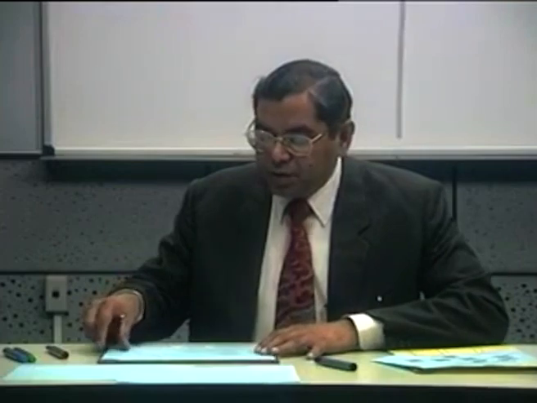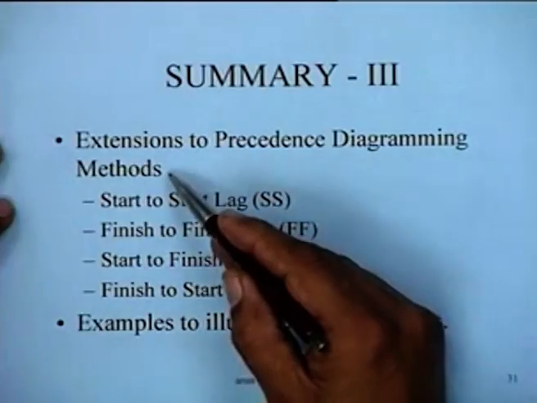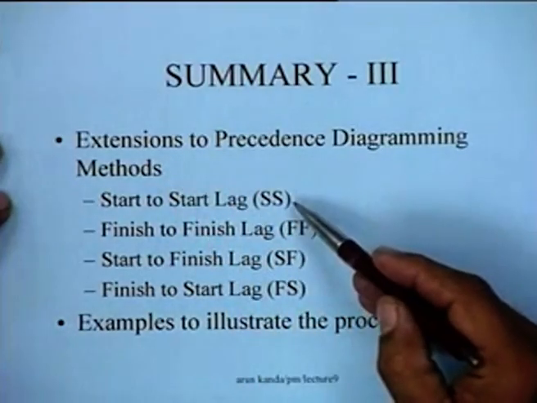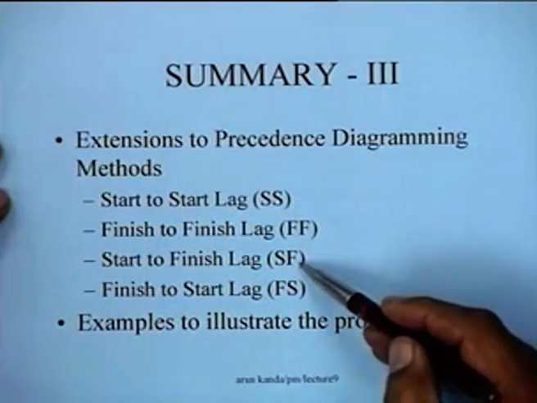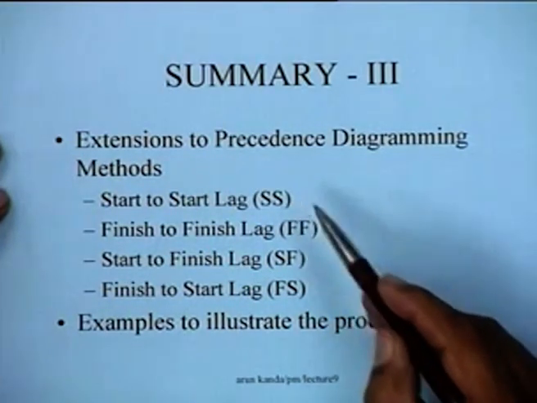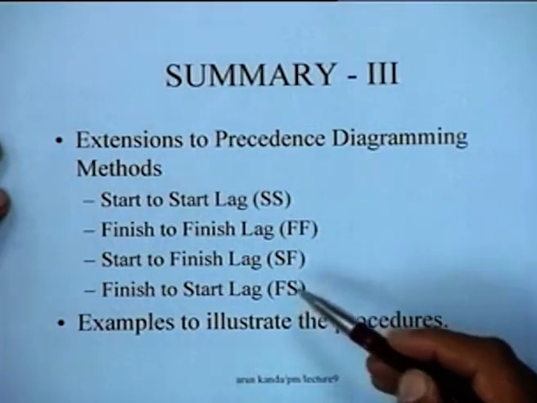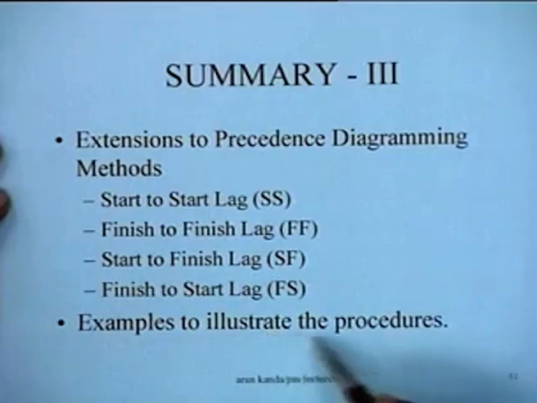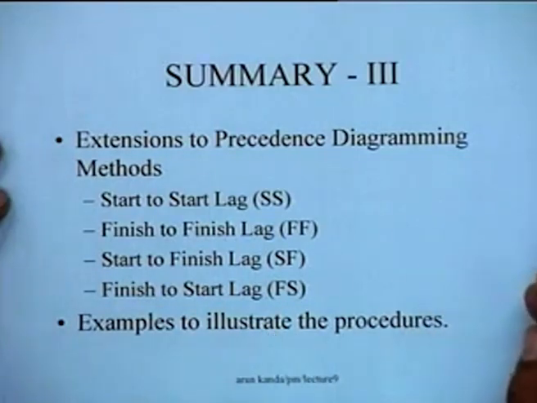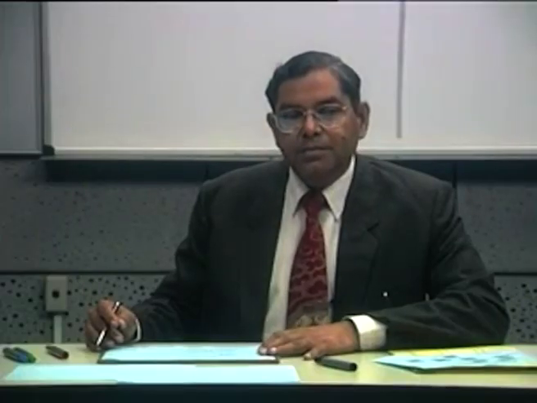And finally, we have seen some extensions to precedence diagramming methods where we have considered these four types of lags: the start to start lag, the finish to finish lag, the start to finish lag and the finish to start lag, and we have taken examples to illustrate these procedures. Thank you.